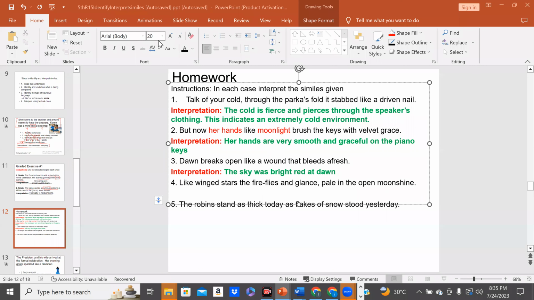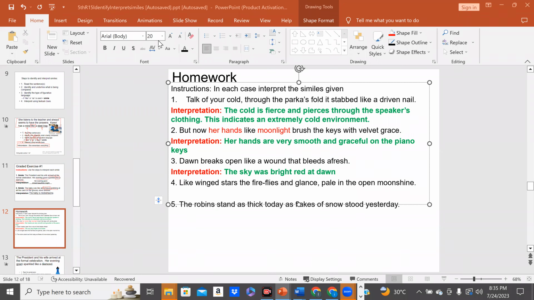What is the interpretation for this simile? There was light. There was light? No. What two things are being compared here?